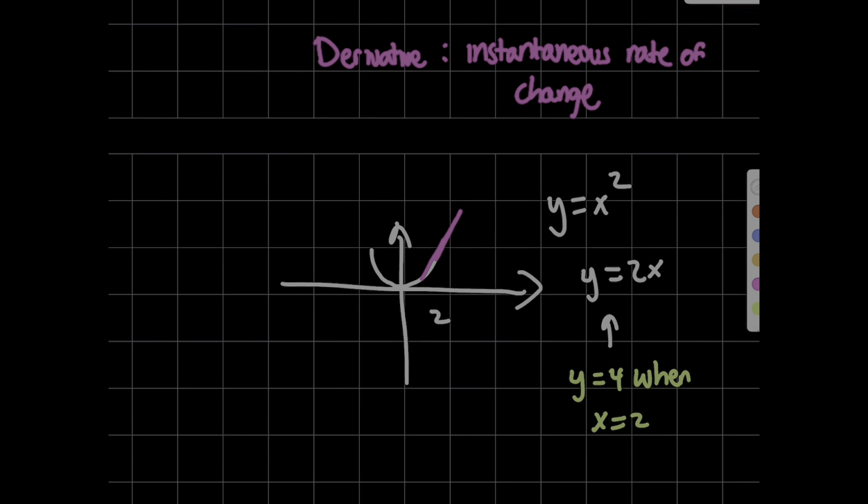And I should actually call this dy over dx, or y prime. So y prime is going to be telling you that when x equals 2 in the original function, because the derivative gives you instantaneous rate of change at a point, when x equals 2 in the parent parabolic function, y prime having a value of 4 means that this tangent line happens to have a rise over run that is 4.